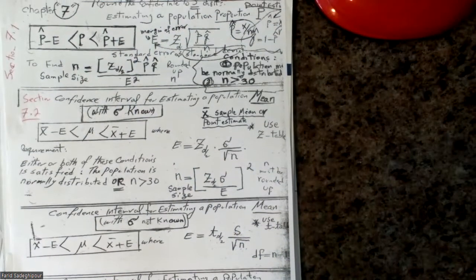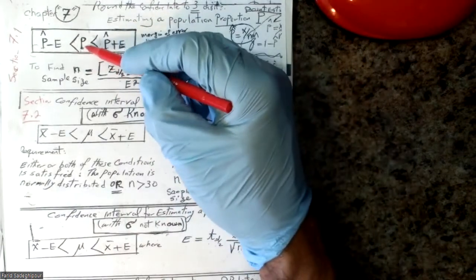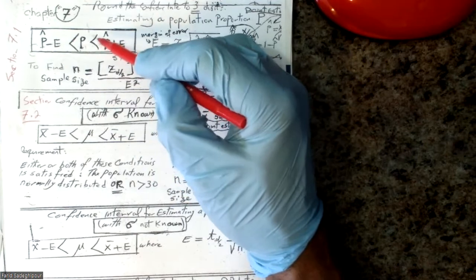If the sample indicates that the proportion of male to female is 40%, then we say the proportion of the population is 40%. That's the proportion of the sample with a hat.